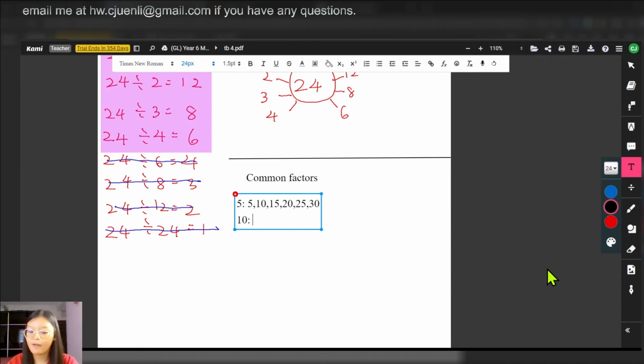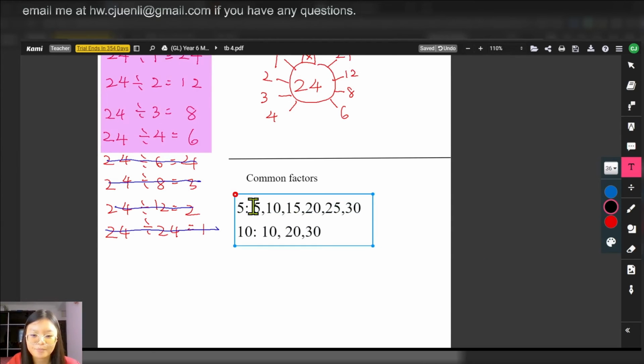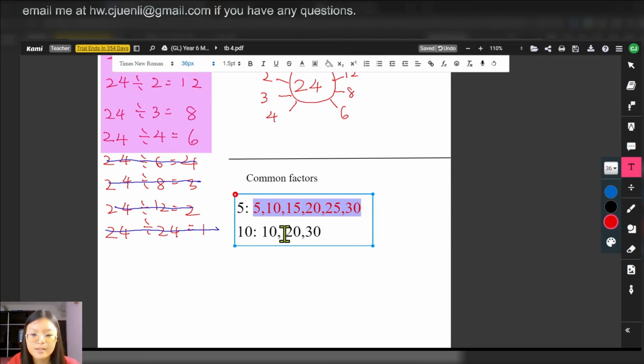So we have 10, 20, 30, right? So if you think this is a bit small, let me just make it bigger. All right, and color this for you.